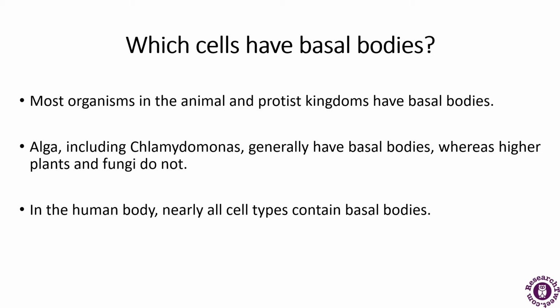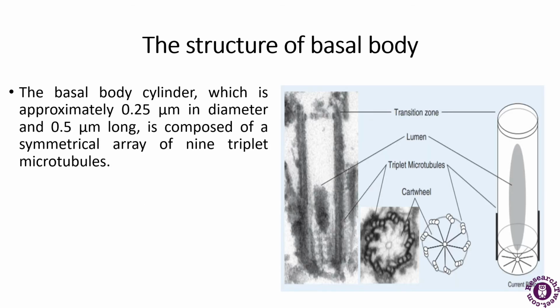Other examples include the algae, which generally have basal bodies, whereas higher fungi and plants do not have this kind of basal body. Now, in the human body, nearly all cell types contain basal bodies.